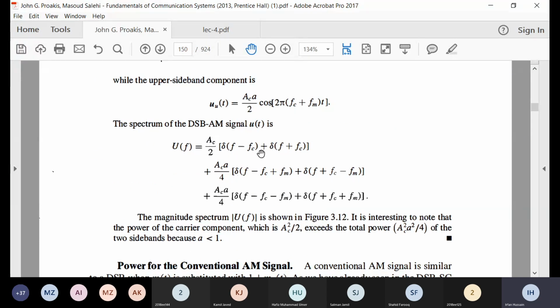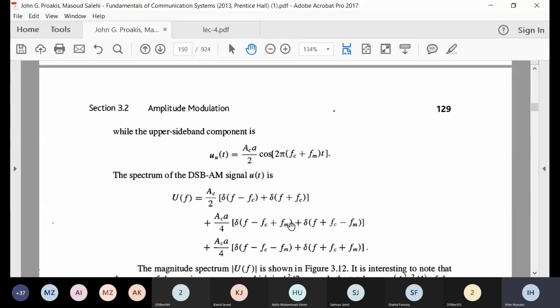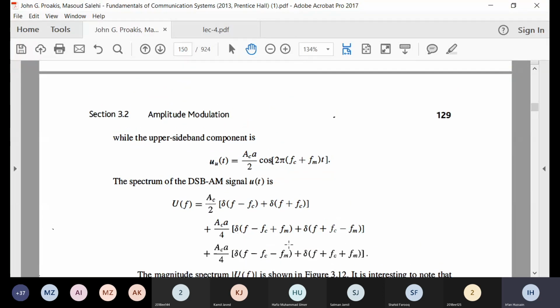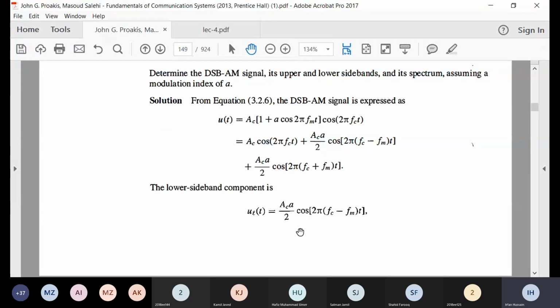We have done this much part, and this much part is from the cosine, and you can very well see this part comes from the lower sideband. This part comes from the upper sideband. So this was the upper sideband. If I form its cosine, the cosine is e^(j) over 2.